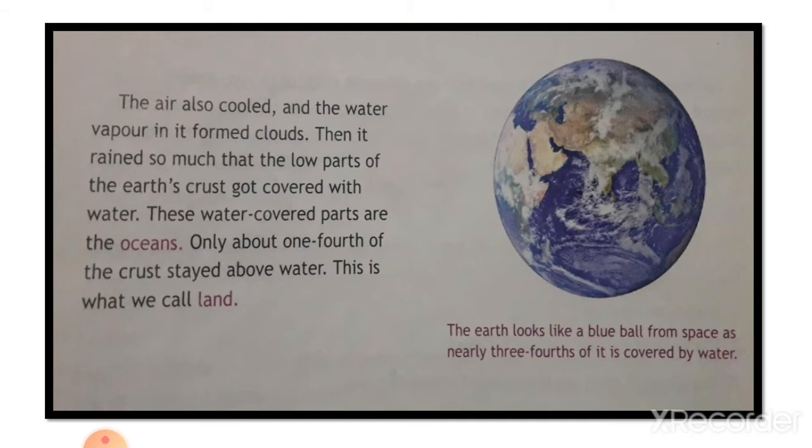The water covered parts are known as oceans. Only about one fourth of the crust stayed above the water, and this is what we call land. Other than the ocean, they are known as land. That is, only one portion of the earth crust is covered with land, and three fourths of the crust is covered with water, which is called the oceans.